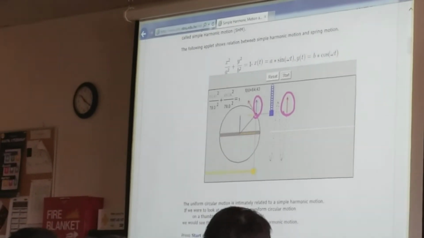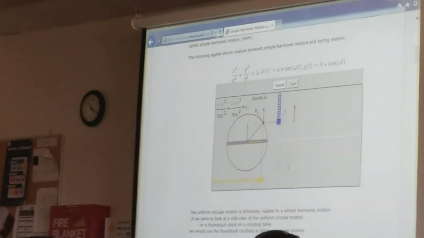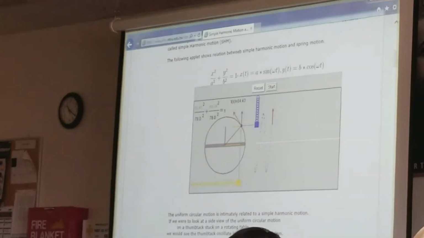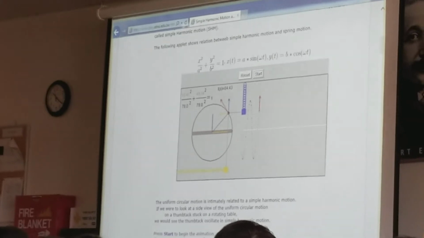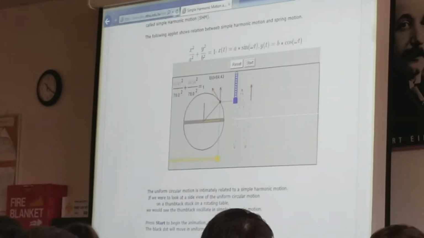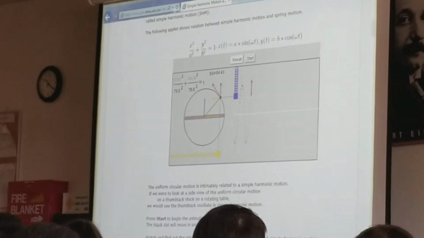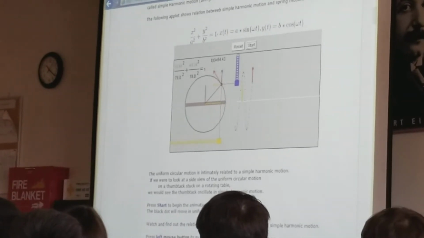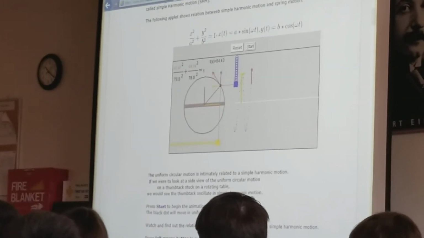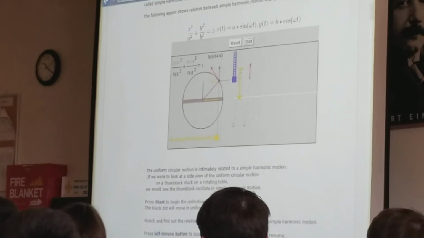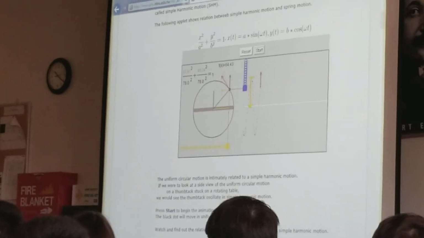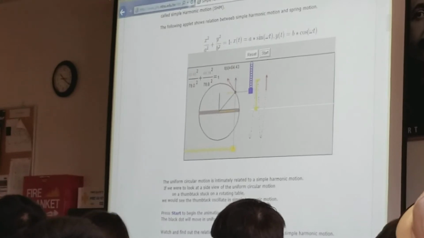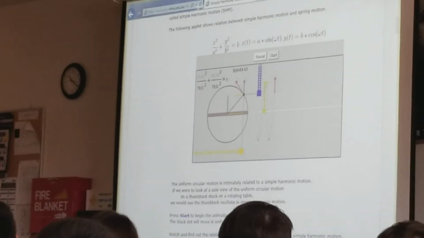Okay, and let's see here. Erase all strokes. Let's also note the following. This distance, I'm going to use something a little smaller here. This distance from equilibrium to the maximum displacement right here that I just marked in yellow. Anybody know what that's called from your reading? Amplitude. That's the amplitude.